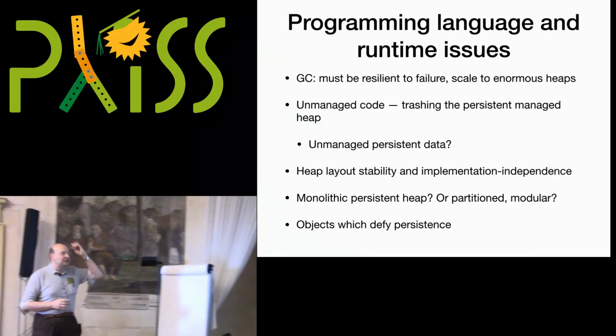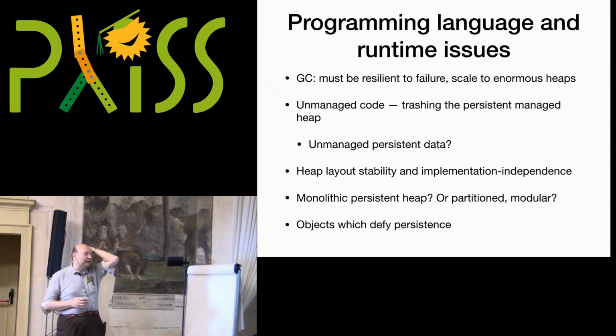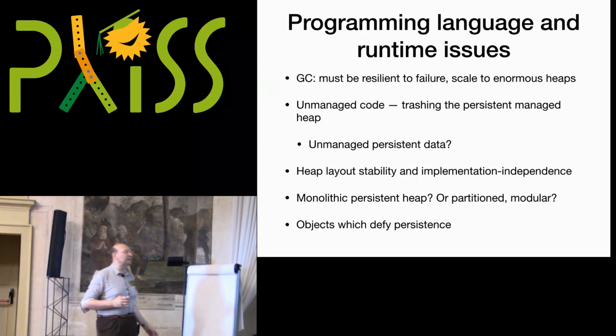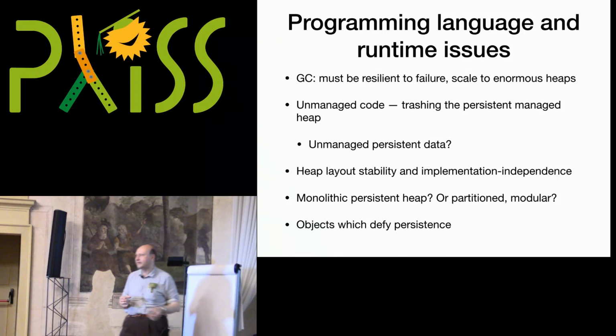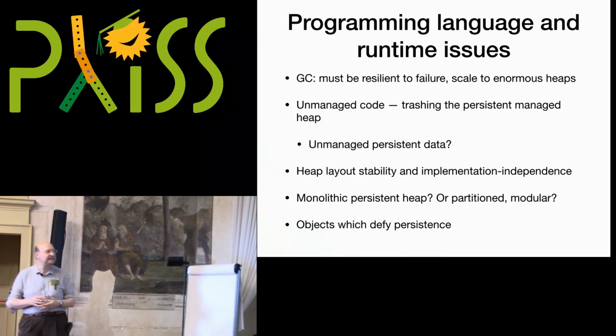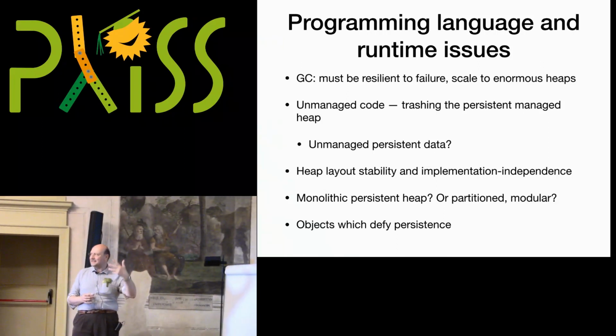So then we have a bunch of practical problems in implementation which we have to address. For example, if we have a garbage collected system, the garbage collector itself, in its operations on the persistent heap, has to be resilient to failure, because the interruption, the restart, could happen while the garbage collector is running.